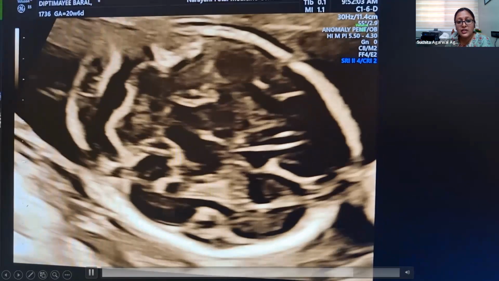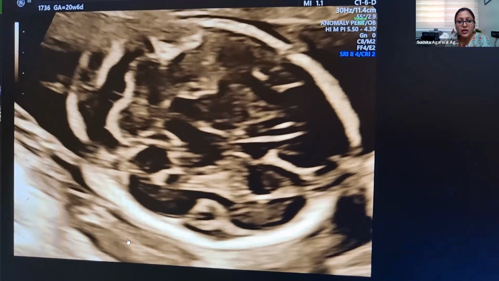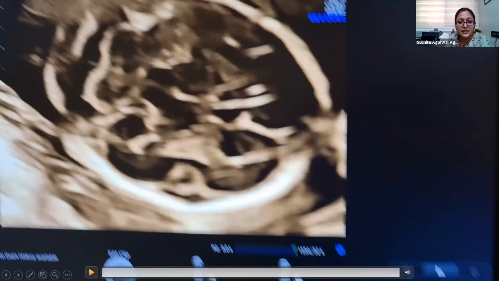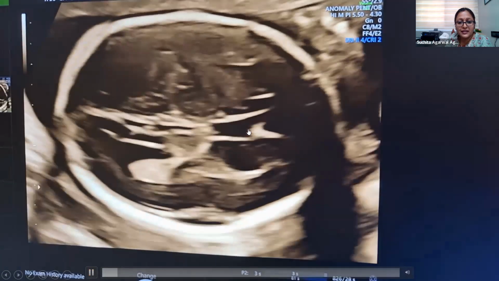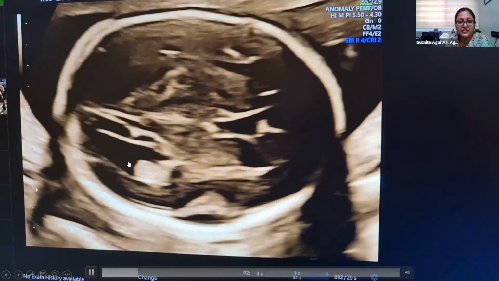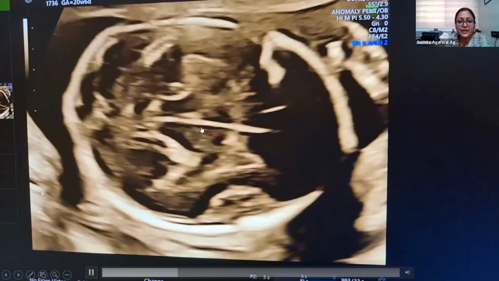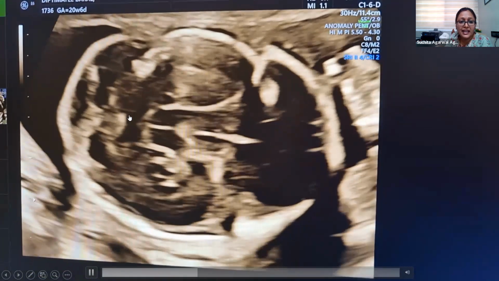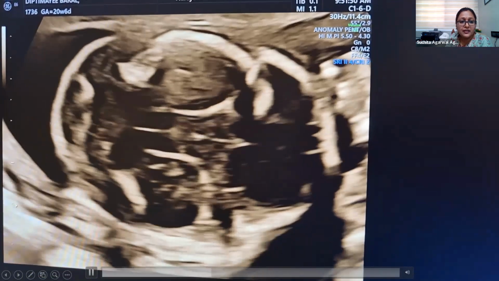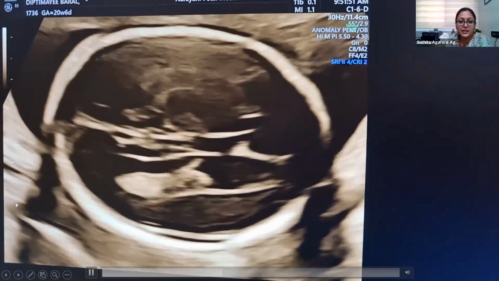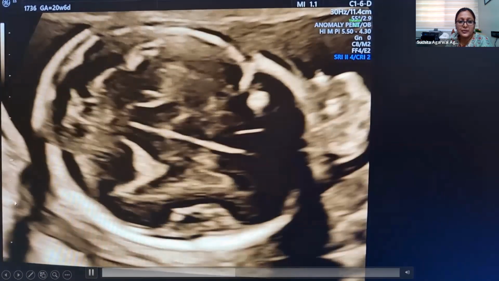So you can get all the 3 planes in one go. I repeat. This is the CSP, this is the lateral ventricle, this is the thalamus, then this is the transthalamic plane. Then again, I'm going caudally and I'm looking at the transcerebellar plane.